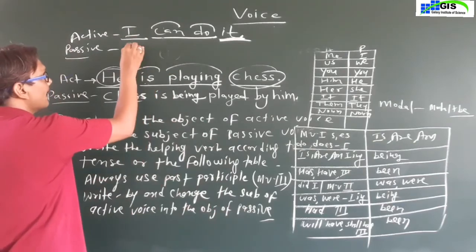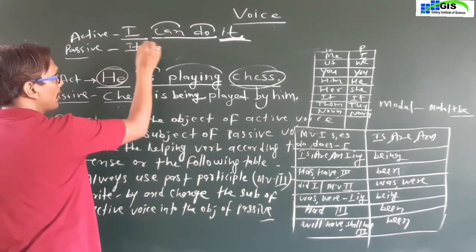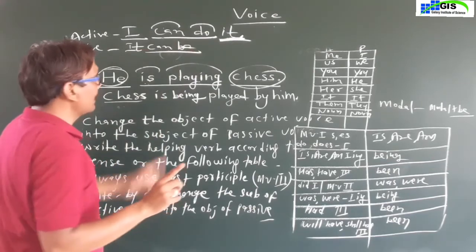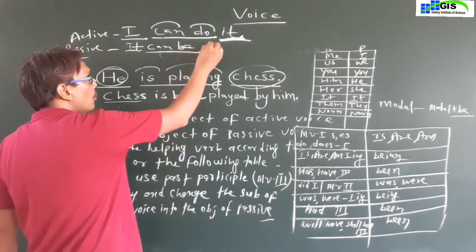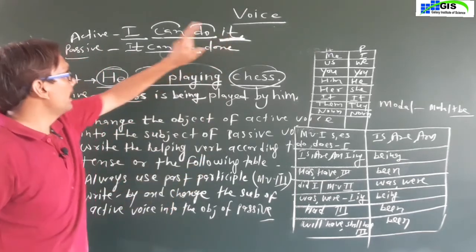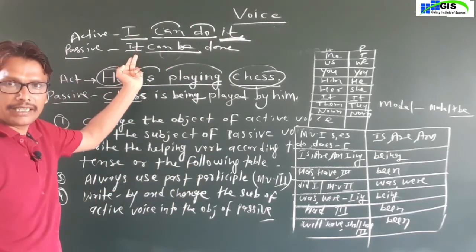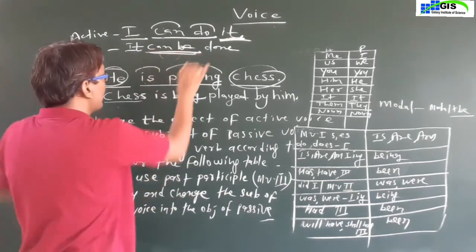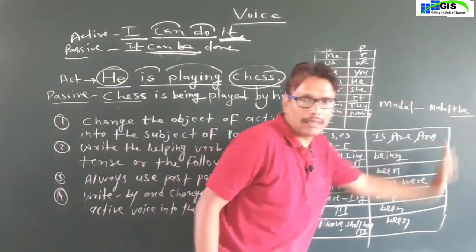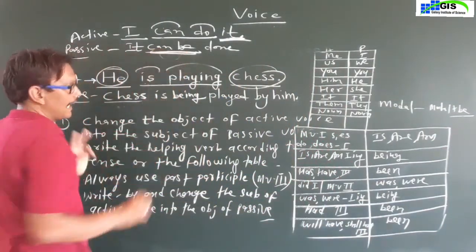So write here it, modal can, write can be. It can be, and the third form of the main verb do means done. Means to say first rule, it is changed into the subject it. Second rule is here is modal, write be after the modal, can be.